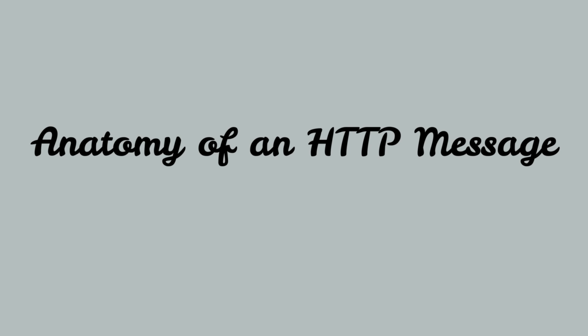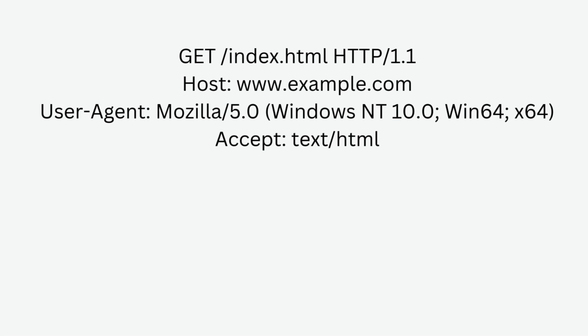Let's zoom in on what an HTTP request and response actually look like. They're just text, but they're structured like a well-organized letter. This is an HTTP request. The first line has the method, GET, the resource, index.html, and the HTTP version, 1.1.